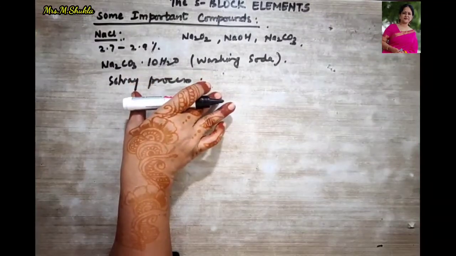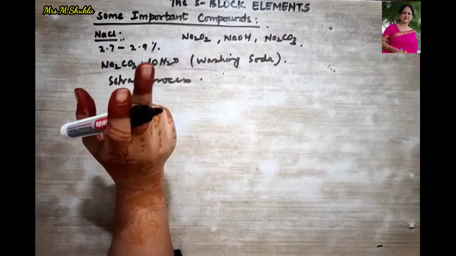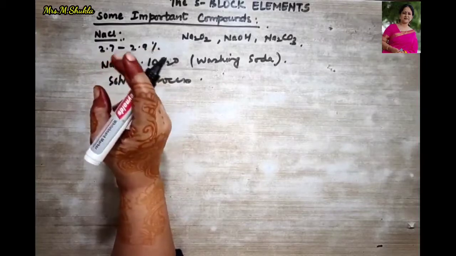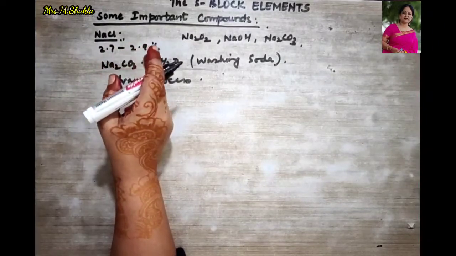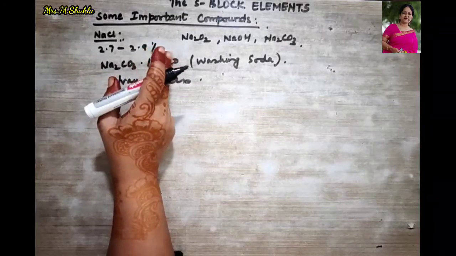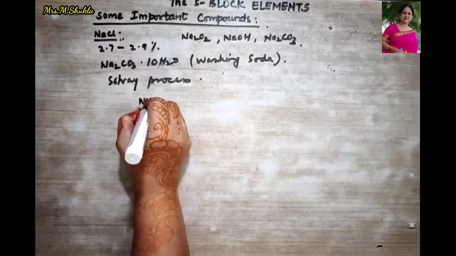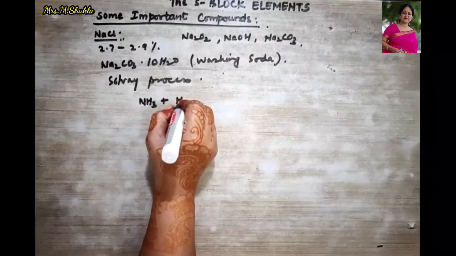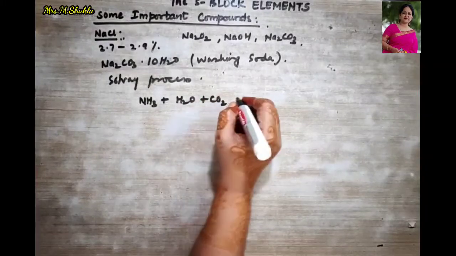So how do we go about the Solvay process? The concentrated brine solution, that is the concentrated solution of sodium chloride, is first saturated with ammonia and then carbon dioxide is passed through it.